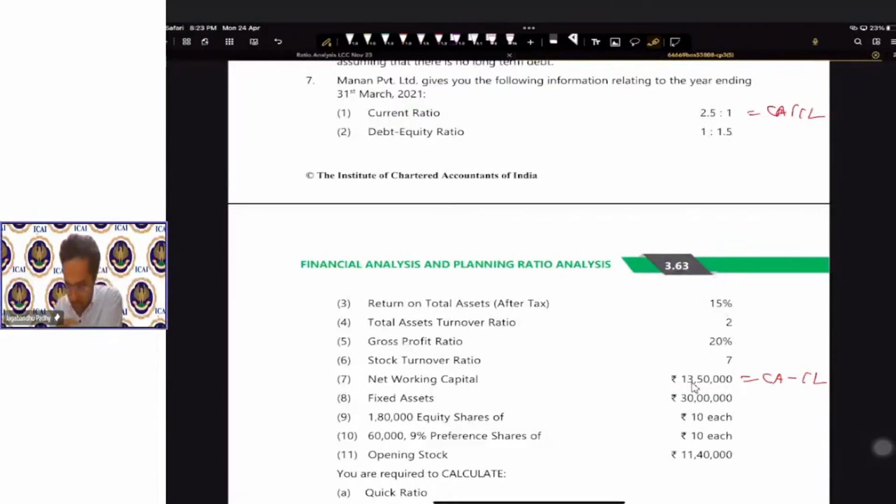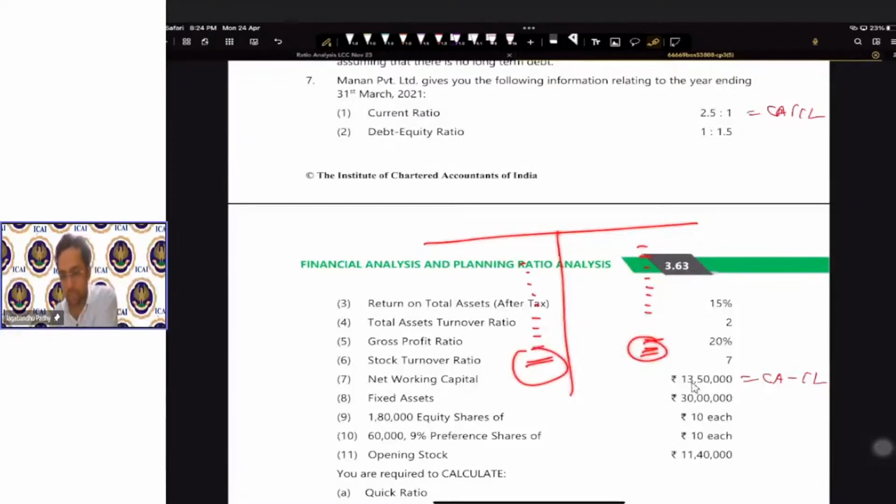So always try to open up the question along similar lines. Whenever you find that you're stuck somewhere, just do one thing, prepare a balance sheet, note down the fixed assets, note down the current assets, note down the equity share capital, everything, and then try to balance it.